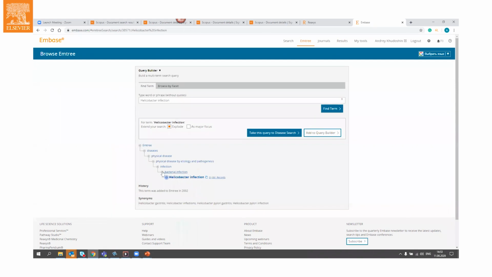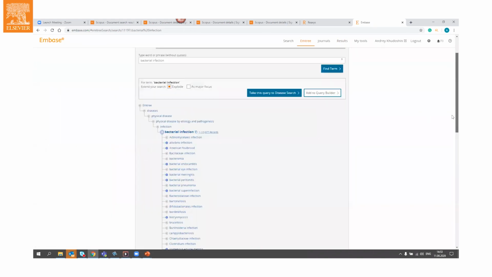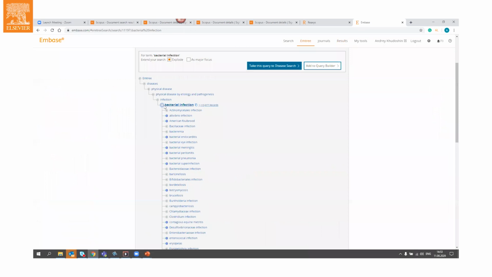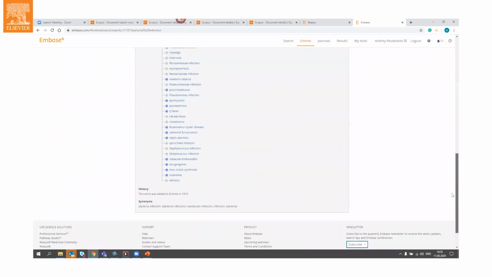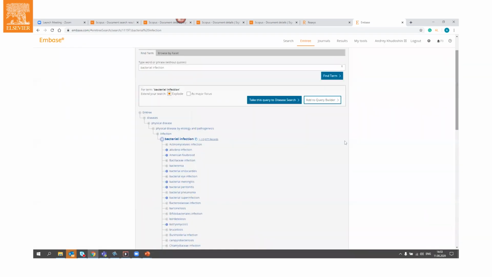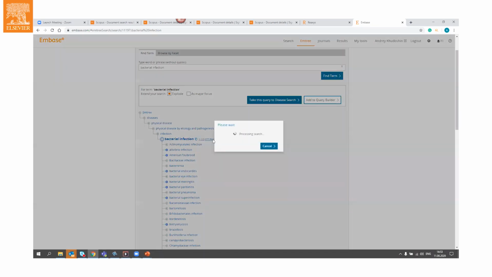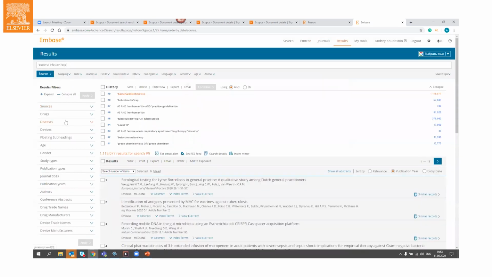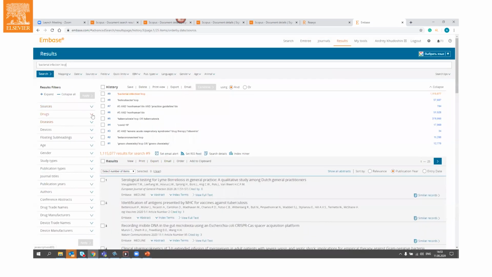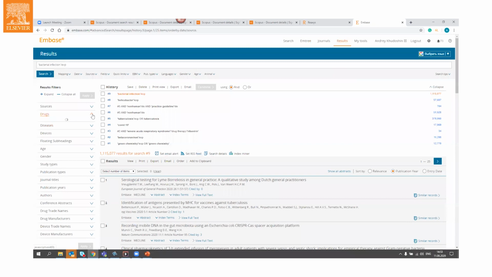You see, it's a separate branch and separate terms, and you see different bacterial infections. So, for example, it's about 1 million records related to bacterial infections. By clicking here, you can get information from the filters about all antibiotics, for example.